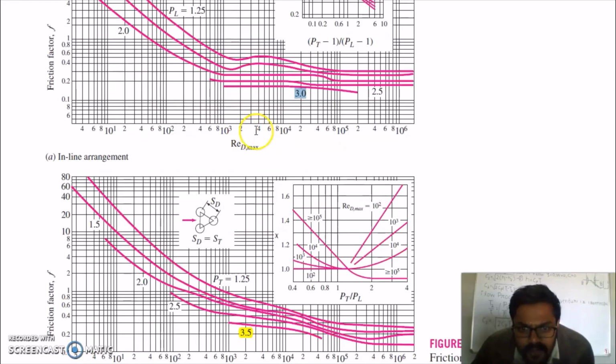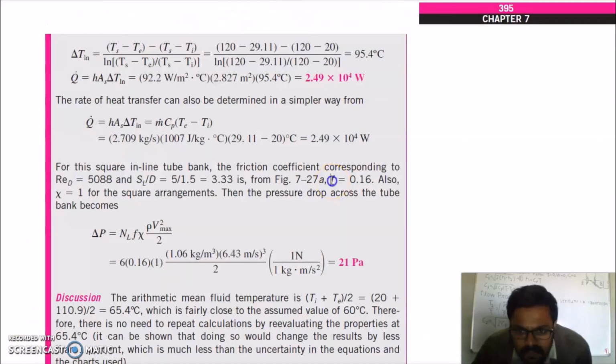Our Reynolds number is 5000. So this is 1000, this is 10,000 and this here is 5000. So when you join this with this 3, you will get this value, which is 0.16. So the friction coefficient is 0.16.